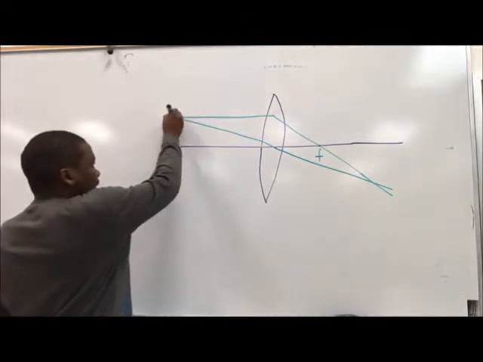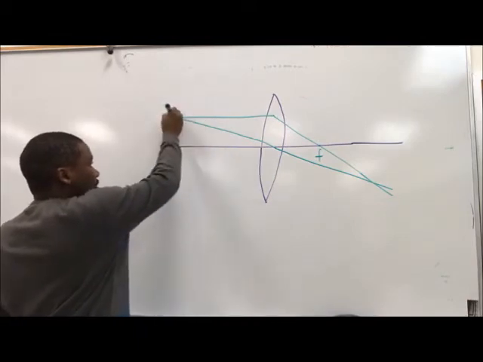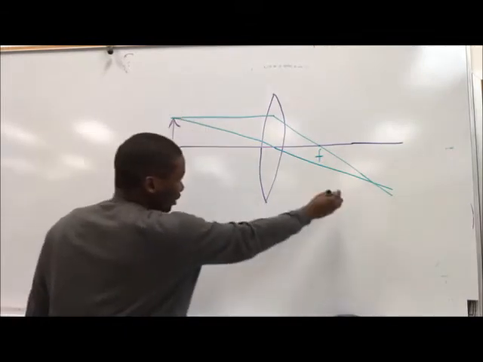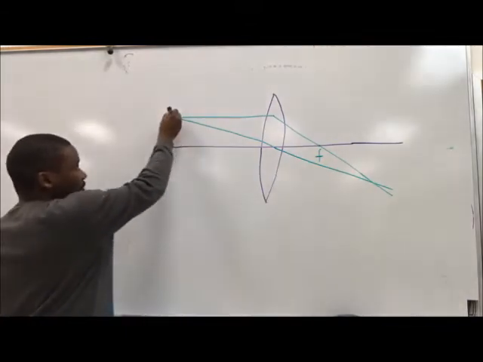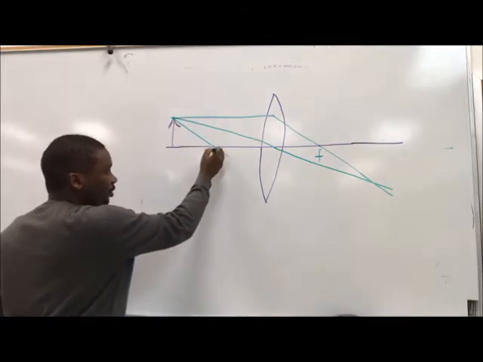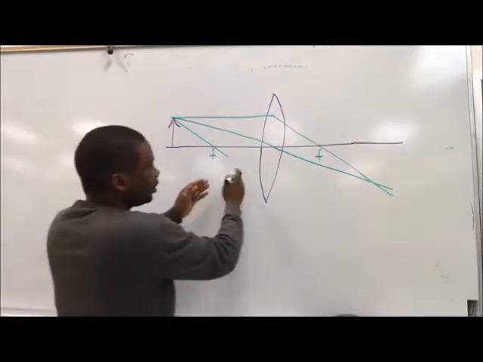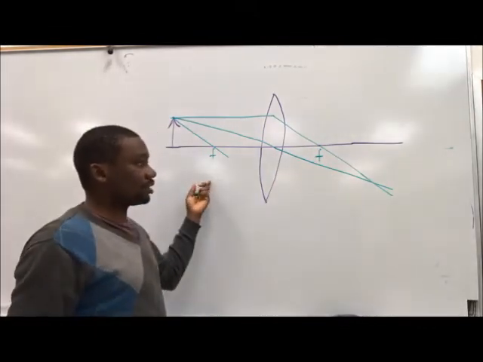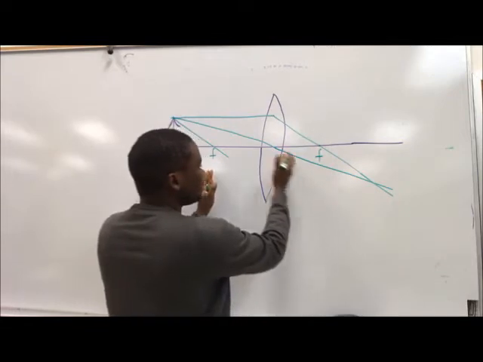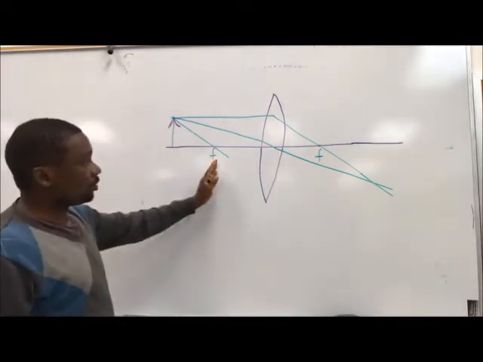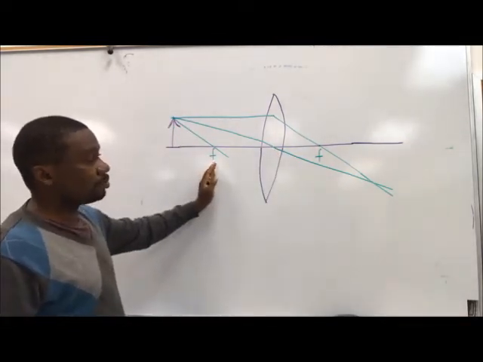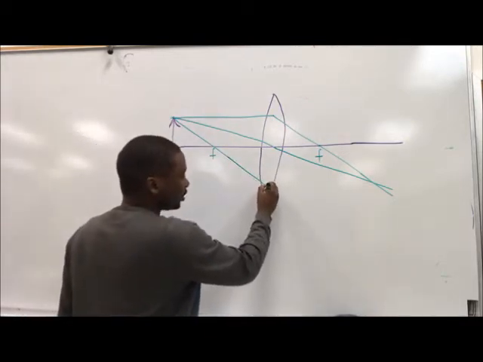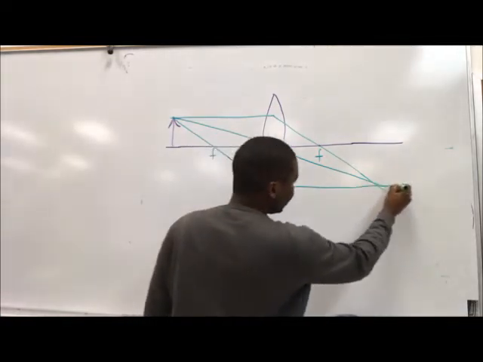If we have a third light ray that is not going parallel and it's not going through the center of curvature, but is instead going through the focal point on this side. So on every lens you have two focal points. You have one to the left and one to the right of the lens, and they're usually equidistant from the center of your lens. If the ray goes to the focal point that is located before the lens, when it reaches the center of the lens, it gets refracted into a parallel ray.